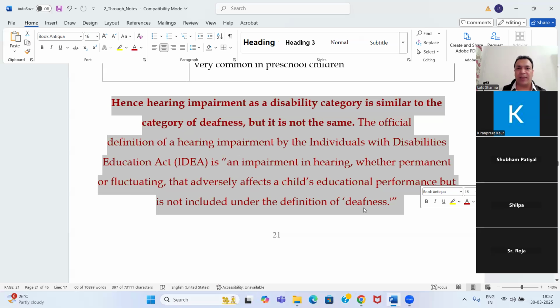of deafness. Okay. So if a student has a hearing impairment, hearing loss, hard to hear, you have to know about the categories. Guys, you being a teacher, you can't say that he is having the problem, he is not deaf.